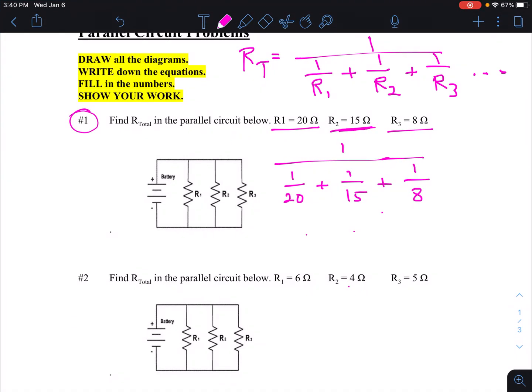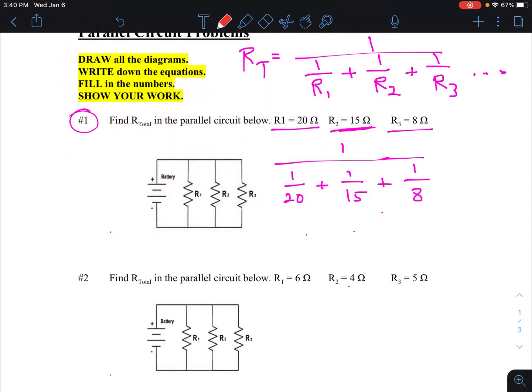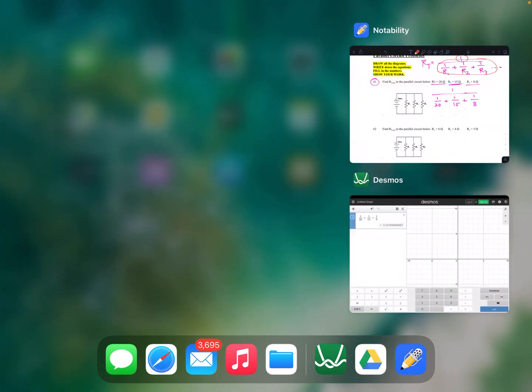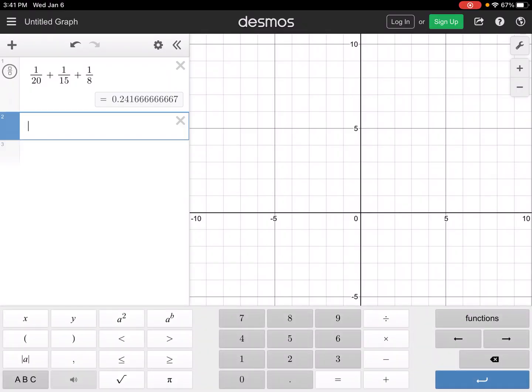Okay, but remember that we have to go 1 divided by, because here's our formula up here on the top. So we have 1 divided by the sum of these reciprocals. So in order to solve this problem, we have to go 1 divided by our answer that we got from the previous problem.